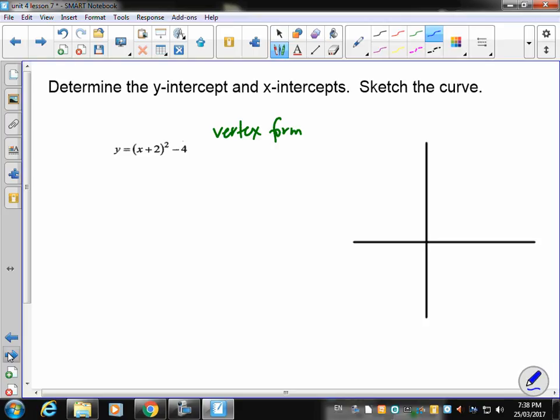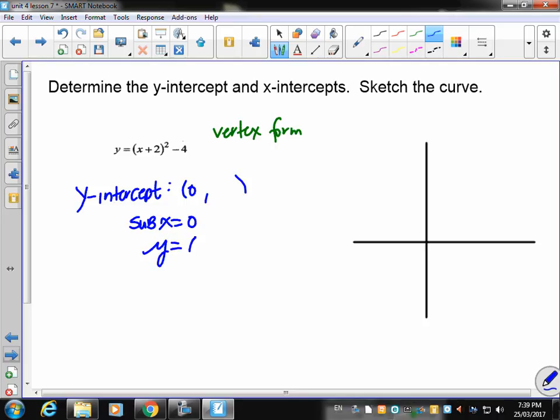If I want the y-intercept, I am looking for a point that looks like that. So if I substitute x equals 0 into my equation, I can find the y value of the y-intercept. Let's substitute a 0 for x and solve.